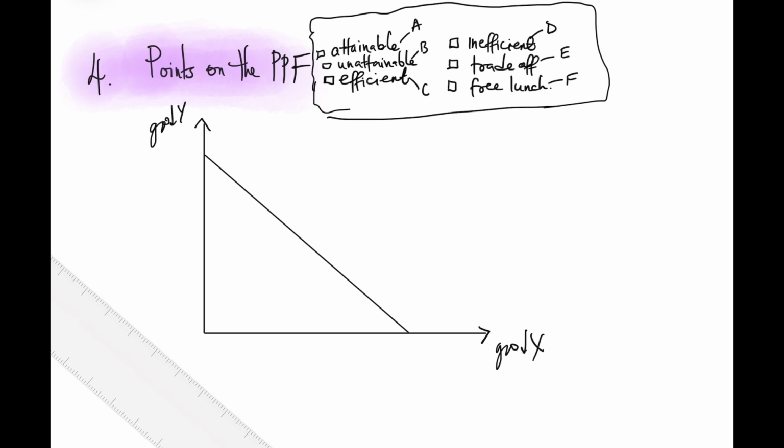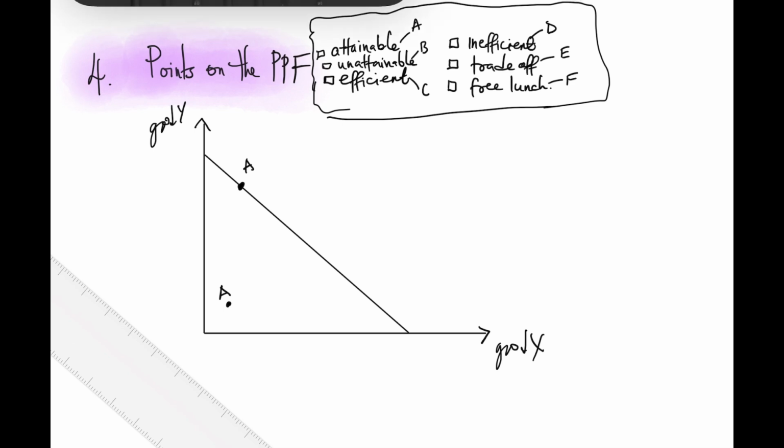An attainable point, can you guess where it will go? Yeah, it will go right on the PPF. An attainable point A will go right on the PPF. An attainable point A can also go inside the PPF. So that tells you attainable points can be found right on the frontier or within the space that's created by the boundaries of our axis and the frontier.